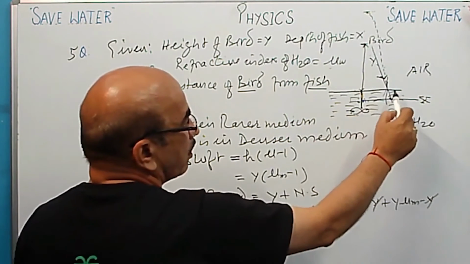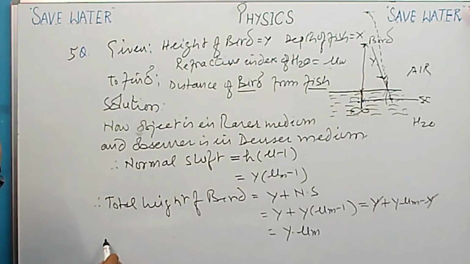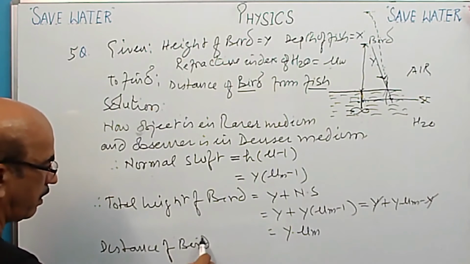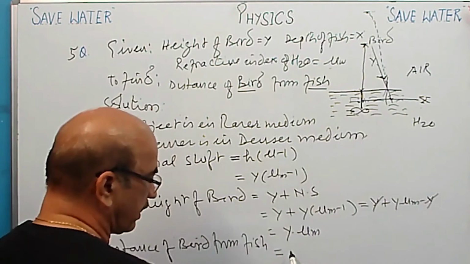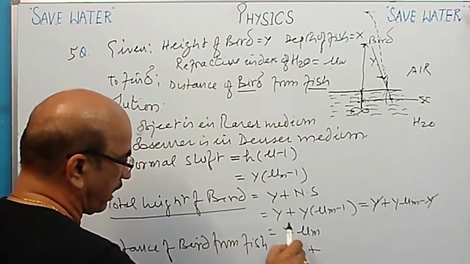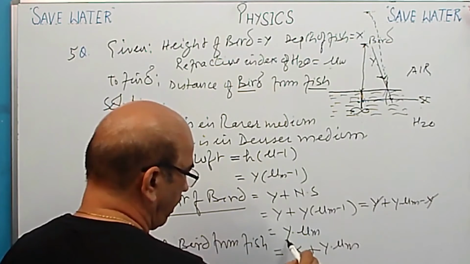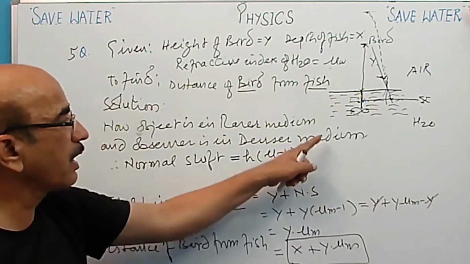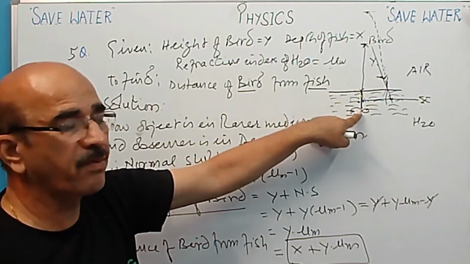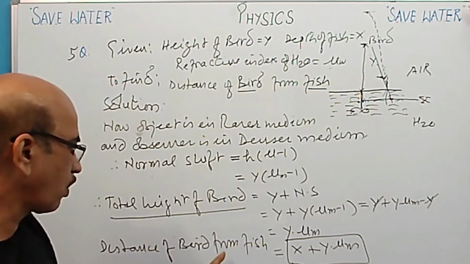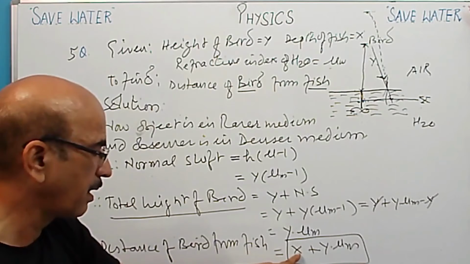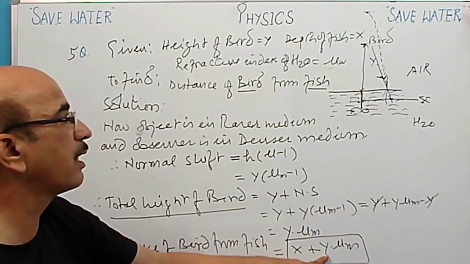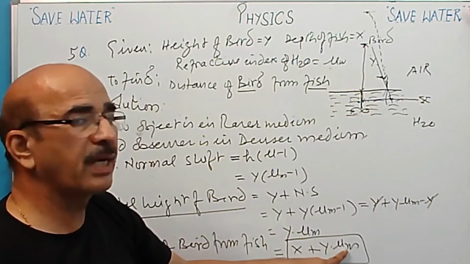So now, the height of the bird which is seen by the fish is here. The depth of the fish is x. Therefore, we write here: distance of bird from fish will be the depth of the fish, x, plus the total height of the bird, which will be y into mu m. So this will be the answer here. Now if you are given the depth x, say 15, 16, whatever value is given, and the value of y is given, then we can find the distance of the bird from the fish. From the fish means the fish is watching the bird. So this is x, the depth of the fish, plus y, the height of the bird from the surface of water, into the refractive index of the medium.